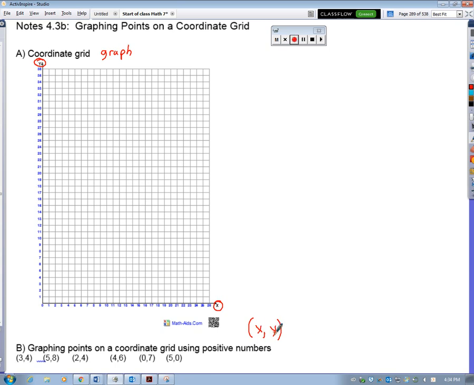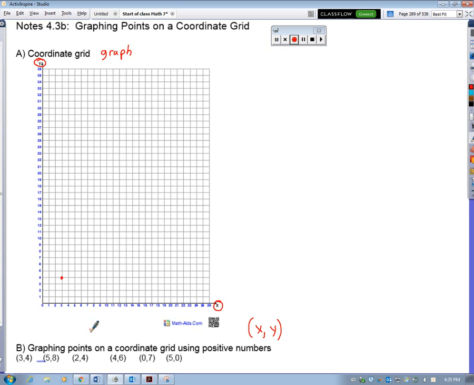So if we were going to graph this point down here, 3, 4, we have to start right here at 0 at the beginning of our graph, and we're going to go over this way 3 because that's our x, and then we would go up 4, and that's where we would put our first point. That's 3, 4.